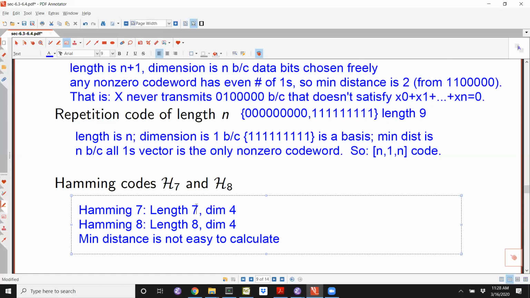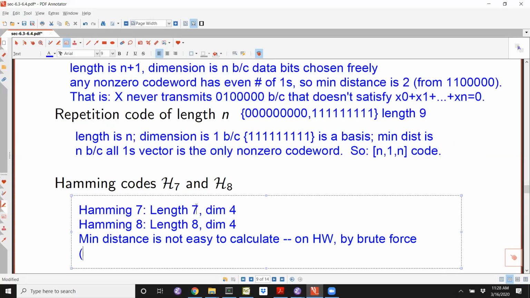So, of course, if I have anything not easy to calculate, what am I going to do? I'm going to have you do it on the homework, of course. On the homework, you do this by brute force: list all the non-zero code words and check.